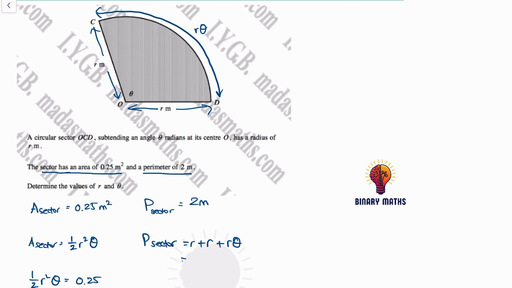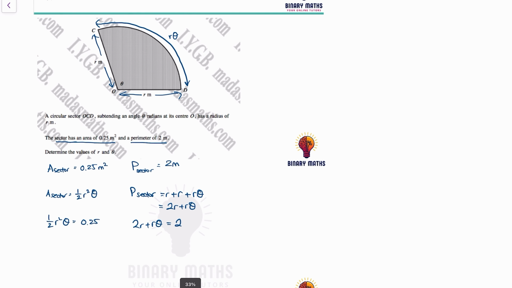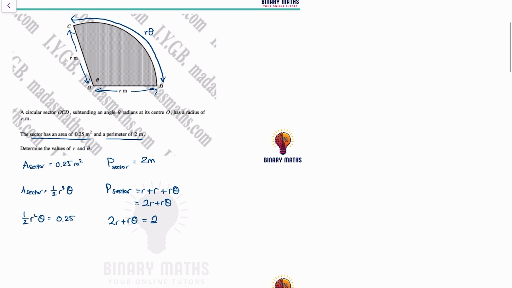So if I simplify, I get 2r plus r theta. The formula I get when I equate these two things is 2r plus r theta, which is the perimeter of the sector, must be equal to 2 meters. So this is equation 1, this is equation 2.